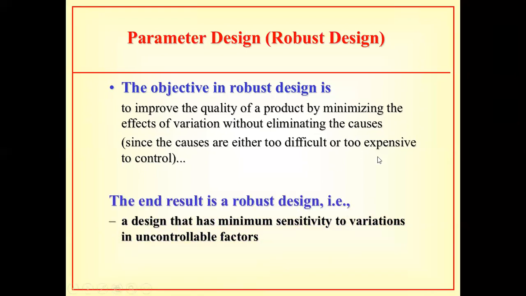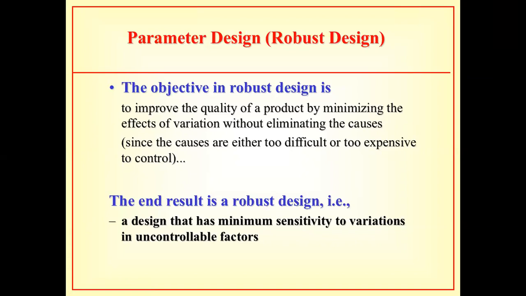And what is the end result? The end result is a robust design. What is a robust design? A design that has minimum sensitivity to variation in uncontrollable factors. Speed, feed, depth of cut, etc., you can control. Like in casting, you can control the pouring temperature, the pouring speed, the pouring time. But can you control the atmospheric pressure, humidity, temperature?